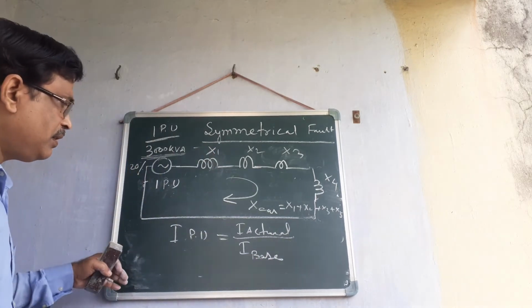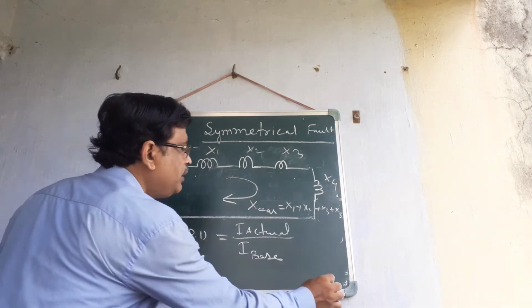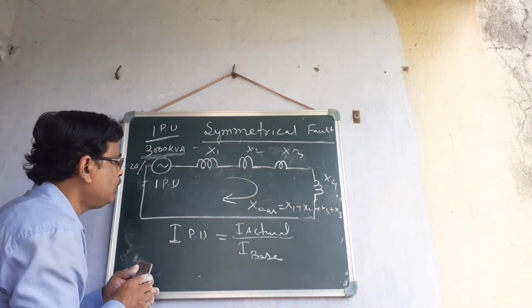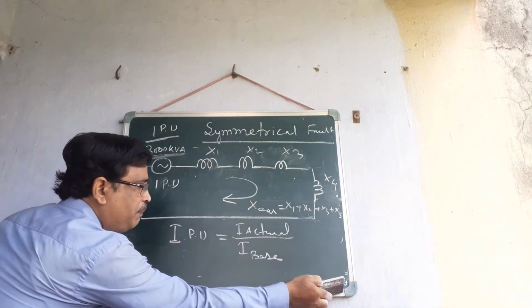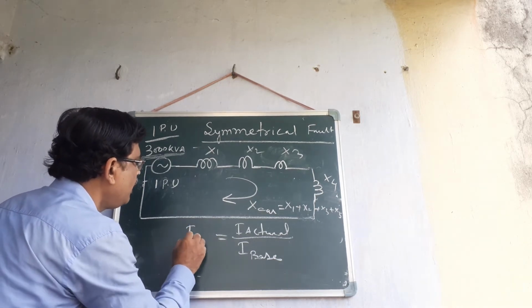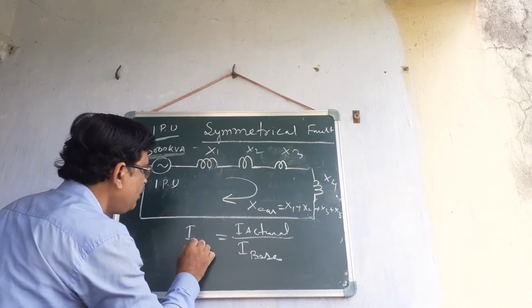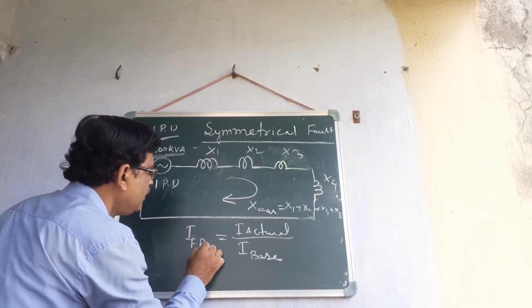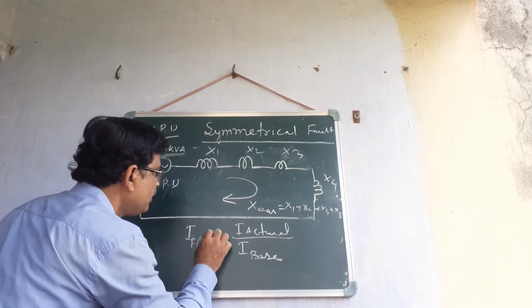Now, I fault per unit is known, so put that I per unit here. So I actual will be I fault per unit.